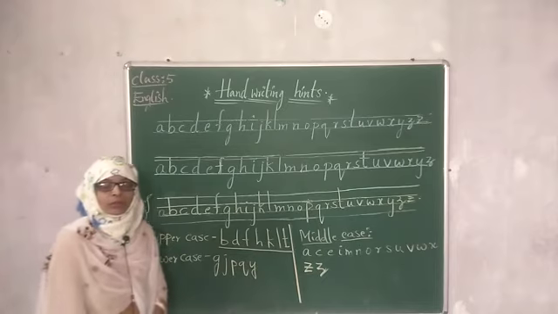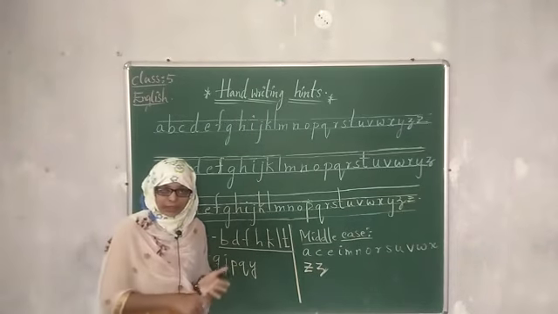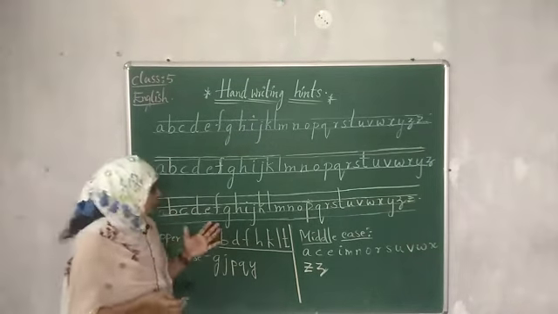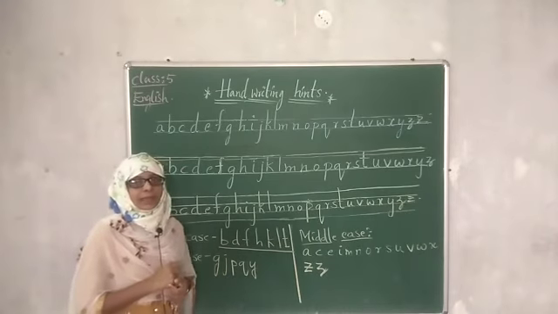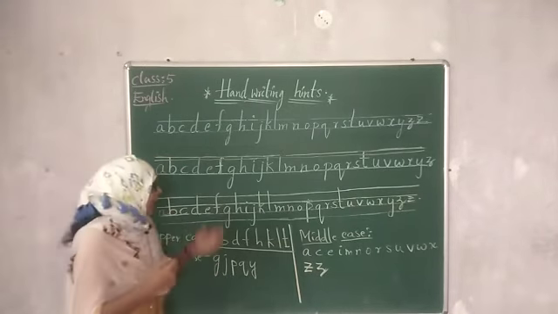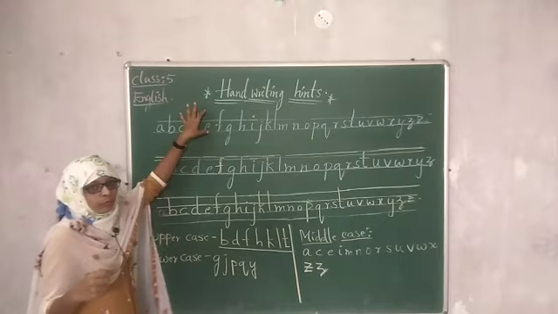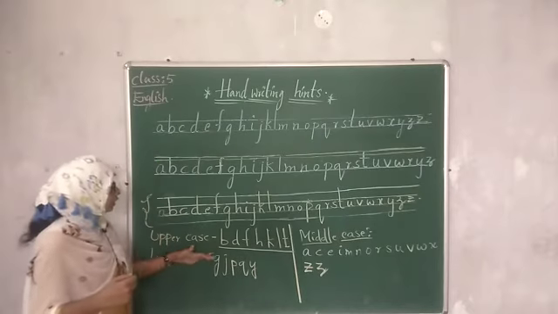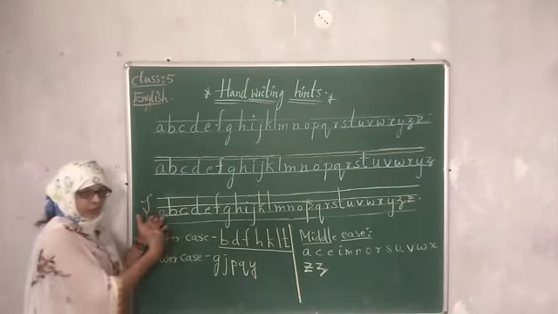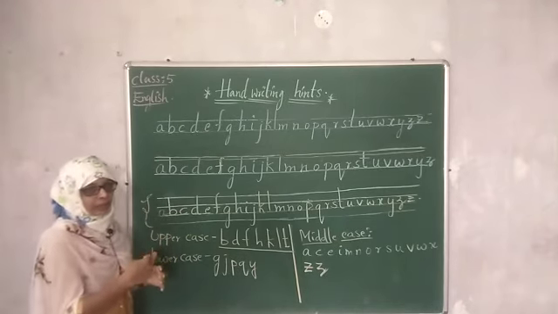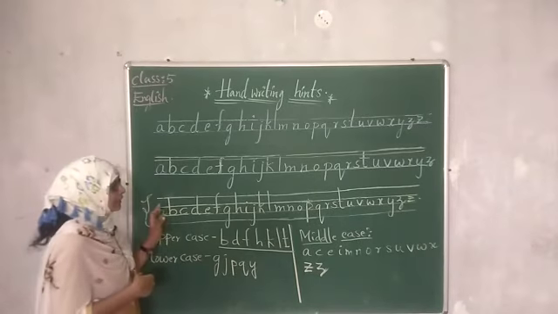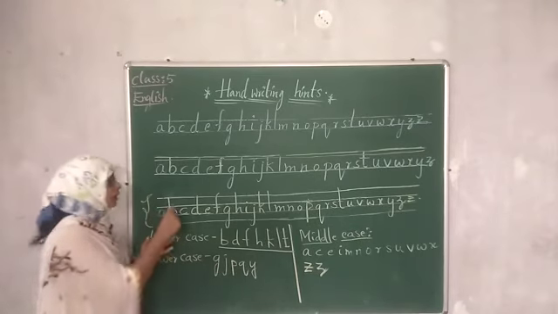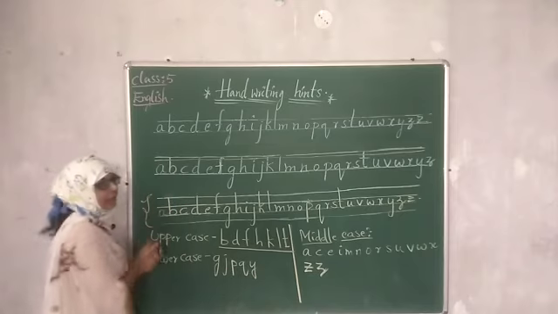So what you have to learn is what the uppercase, lowercase and middle case letters are. Upper means up, it should be above. Lower means down, it should be below the line. Then middle case letters you have to write in between the middle lines.